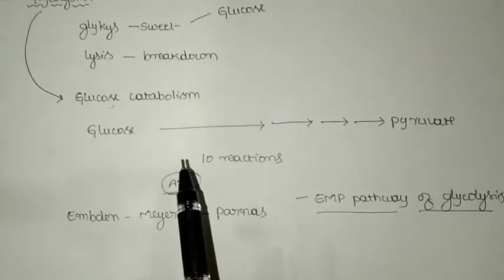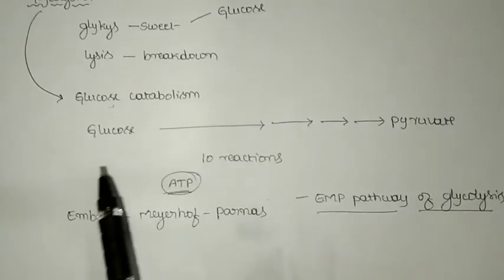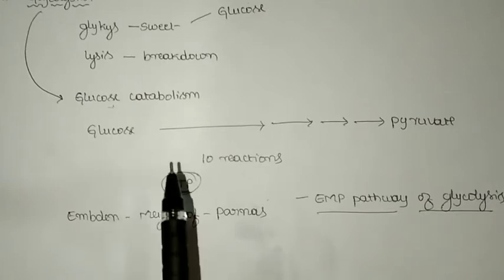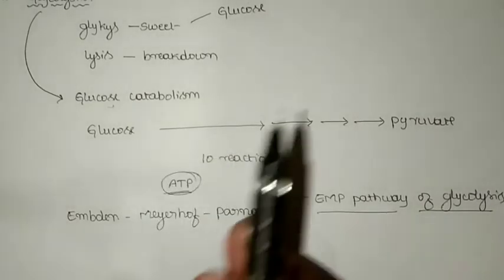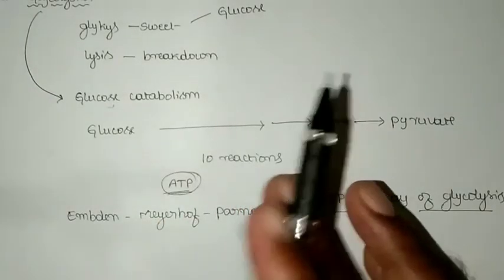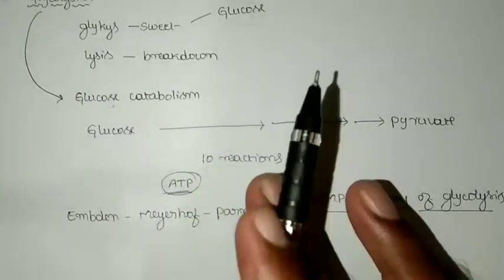Glycolysis will occur in both aerobic as well as anaerobic conditions. And the total amount of energy, that is the total amount of ATP produced in glycolysis, will differ between aerobic and anaerobic conditions.